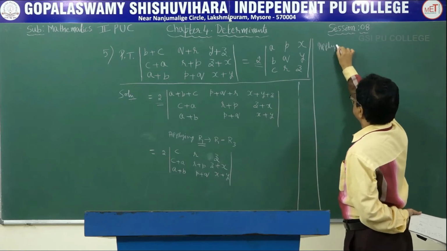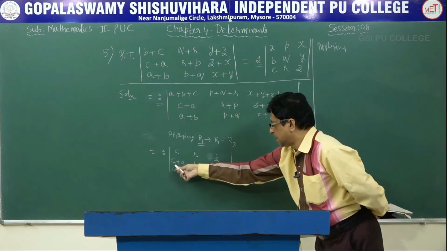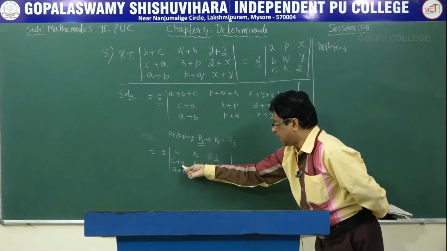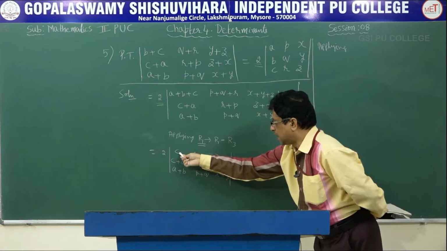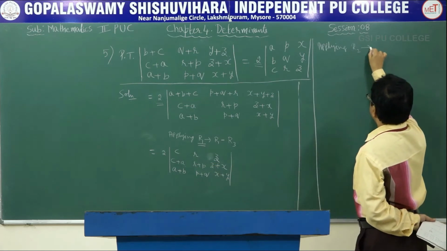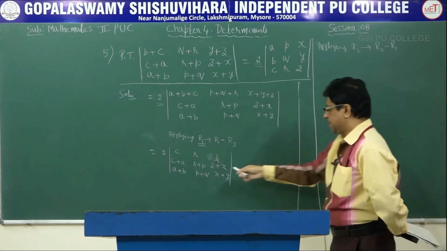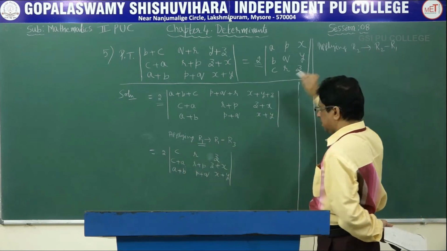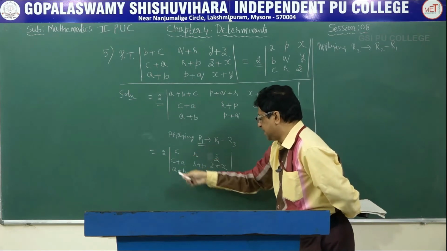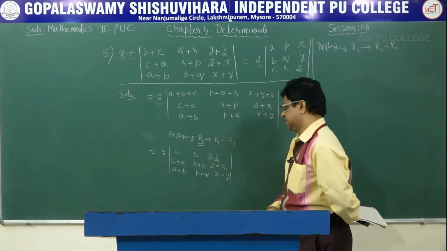So applying R2 by R2 minus R1, because if you apply this property you will get c plus a minus c, r plus p minus r, z plus x minus z.